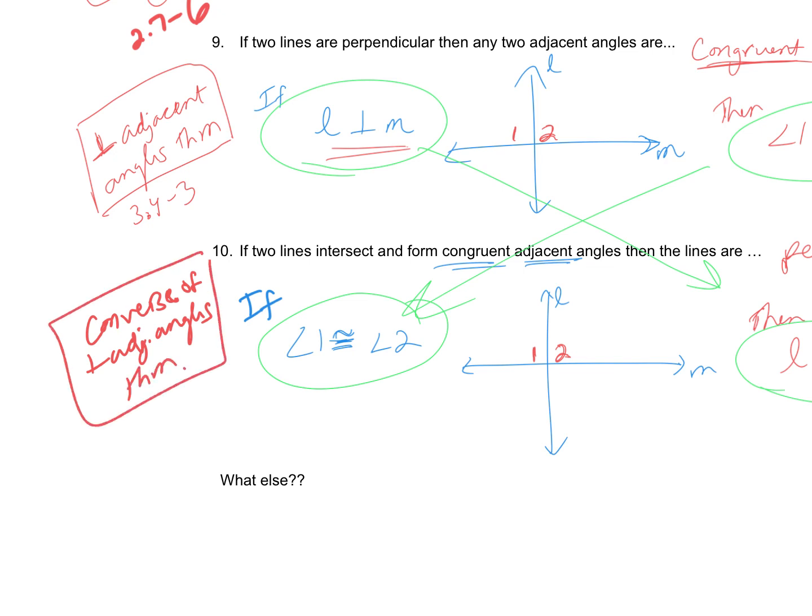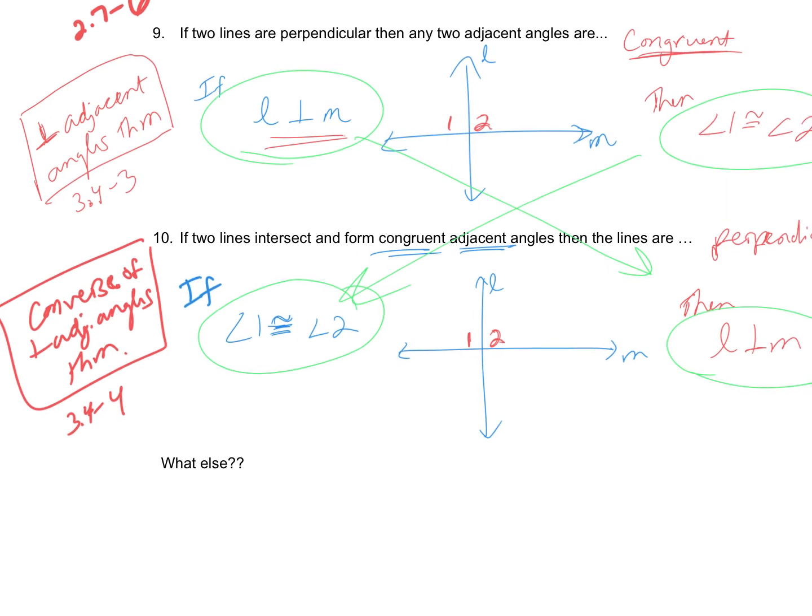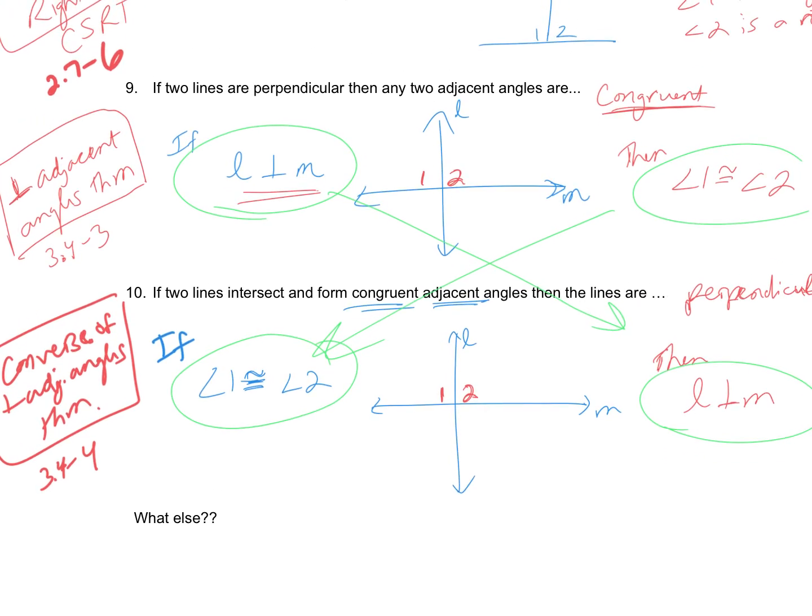And that would be 3.4-4. And now you have 2 proof tasks. So you're going to spend some time working on those tasks and see what you can use. Remember, you can use prior theorems that we've proven. Now that we've started proving some theorems, you can use that in addition to definitions, postulates, and properties to complete your proof. So let's see what you can do putting those together.